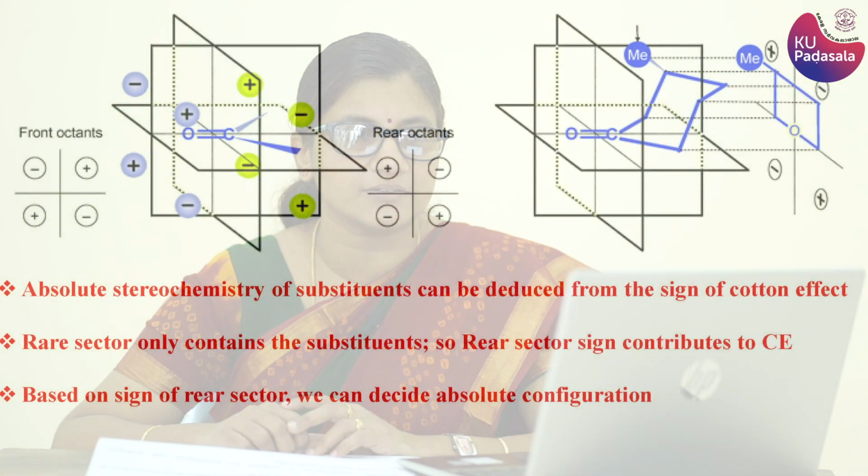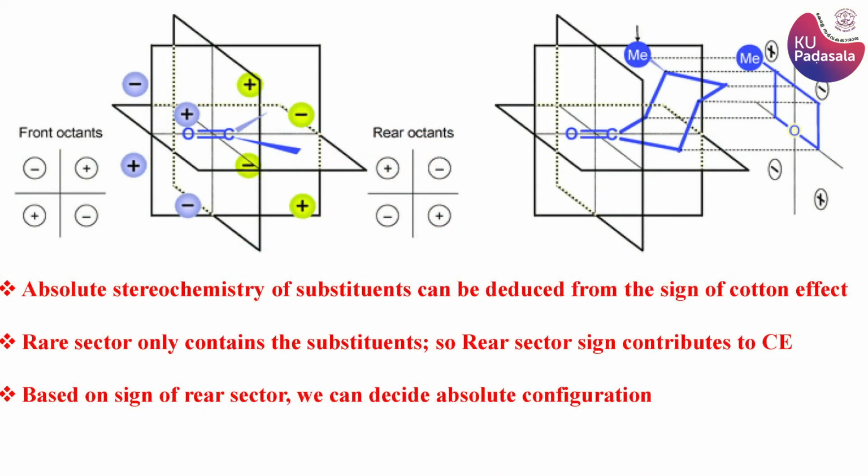You can see from the figure how the cyclohexanone is placed. In the sector rule, as I told you, the cyclohexanone is divided into different sectors using nodal planes. So we have 3 nodal planes, one in the x direction, another in the y direction and another in the z direction, and these planes cut the cyclohexanone into different sectors.